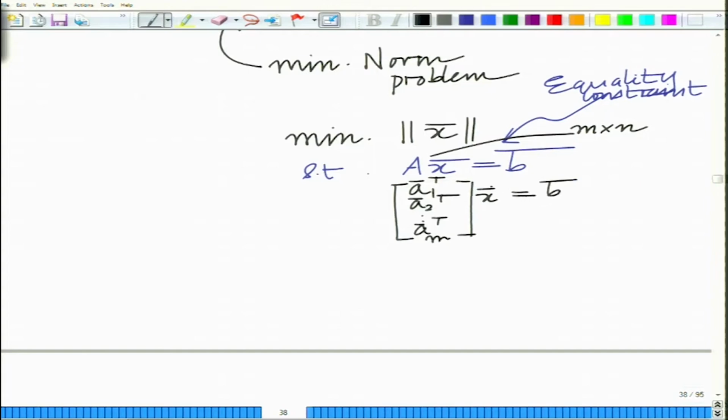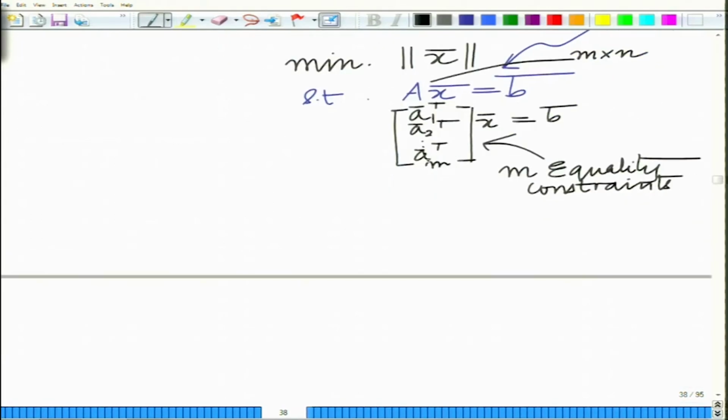So in reality there are m equality constraints, one for each row of the matrix A, and therefore you need to have one Lagrange multiplier for each equality constraint.